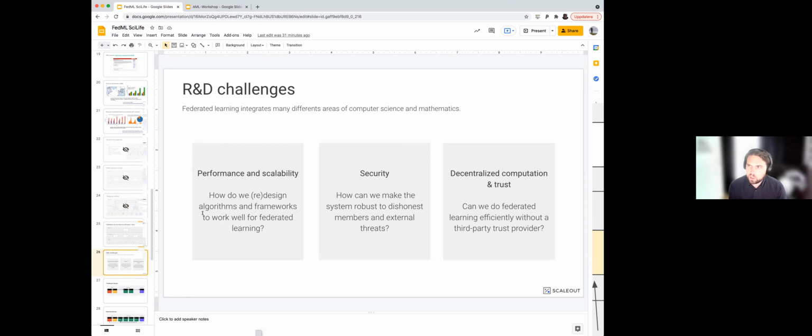So we're not communicating with a blockchain or putting models on a blockchain, but we can use it to make sure that the audit trail of what is happening in the alliance during training cannot be tampered with, which can be important for trust. And of course, the centralized computation. So how can we eventually do all of this without a central coordinator? That's also an area that we work on.